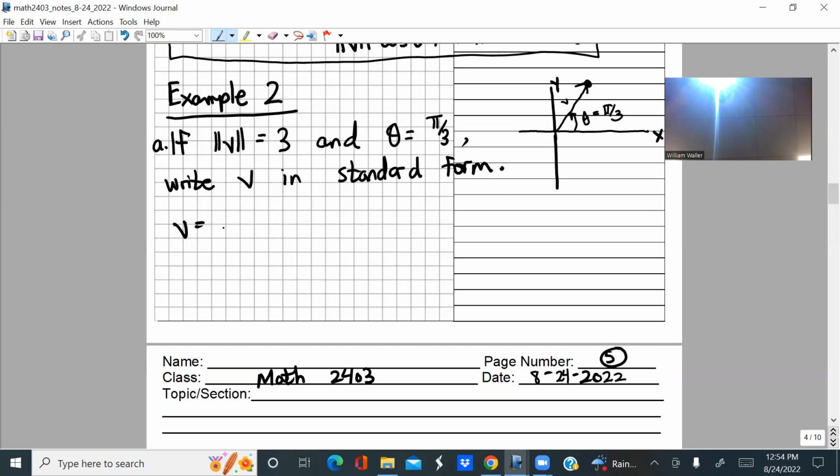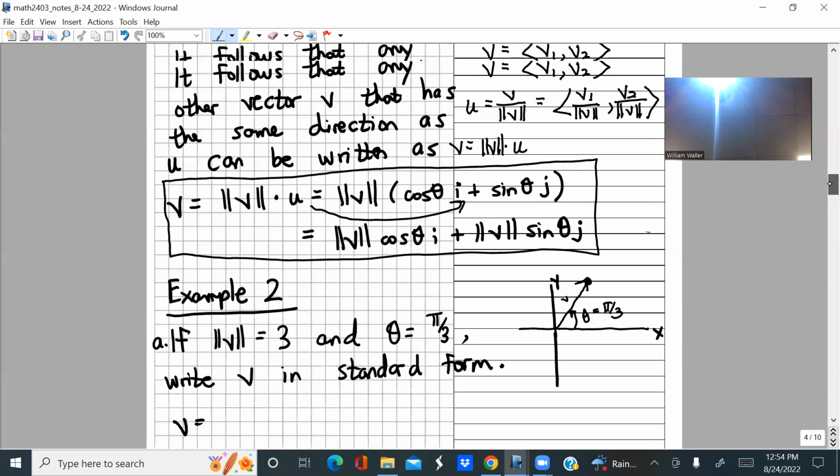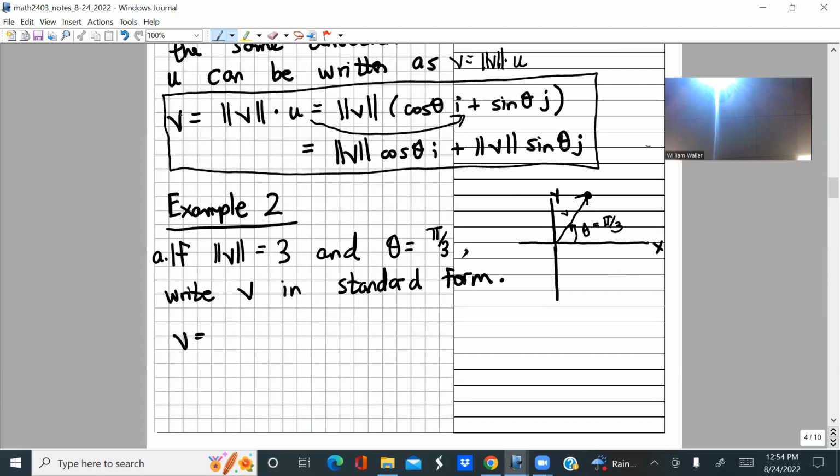You don't have to do any calculations, because this equation tells you already. We've done the hard work. In standard form it's the magnitude, 3, times the cosine of its direction, pi over 3, times i, plus the magnitude times the sine of the direction times j. See how easy that was?